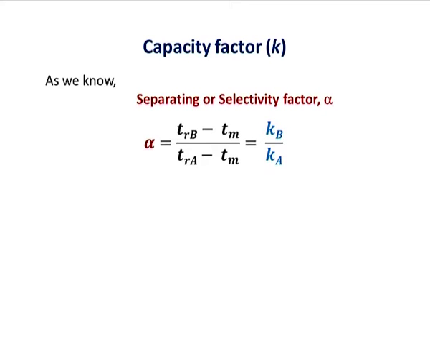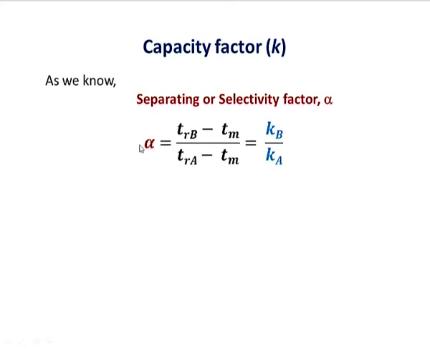So, alpha is actually equal to, we are talking about two peaks, peak B and peak A, right. So, it is equal to TRB minus Tm, which is the adjusted retention time for peak B, upon TRA minus Tm, which is the adjusted retention time of peak A, which then is equal to Kb upon Ka.